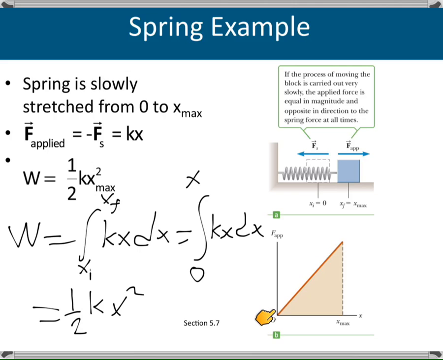As you see, the slope of this straight line gives you the spring constant.